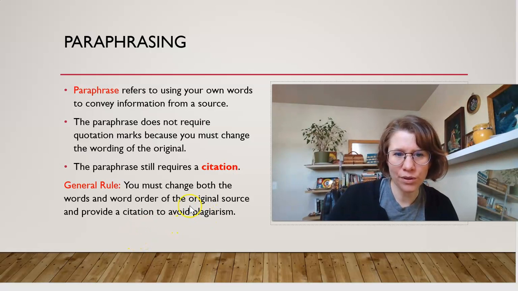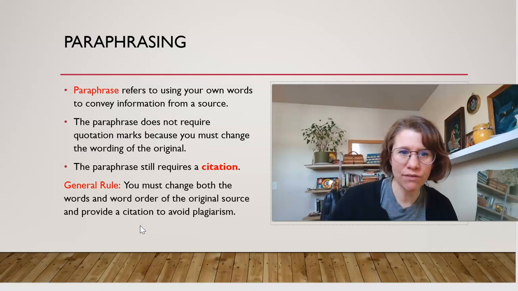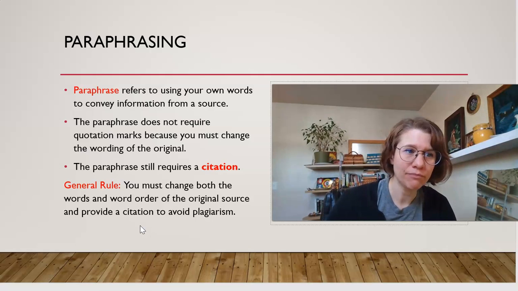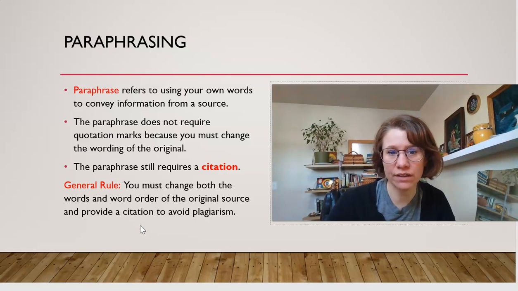And as a general rule, you must change both the words and word order of the original source and provide a citation to avoid plagiarism. So again, when you're just paraphrasing something, there is the risk of accidentally plagiarizing the other person's ideas and their writing.